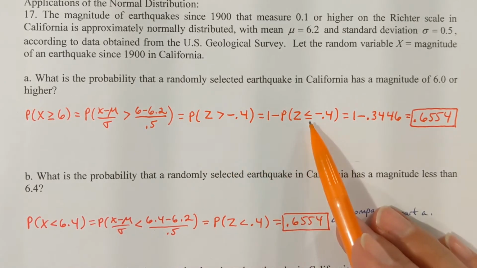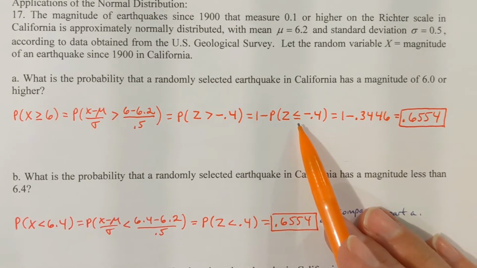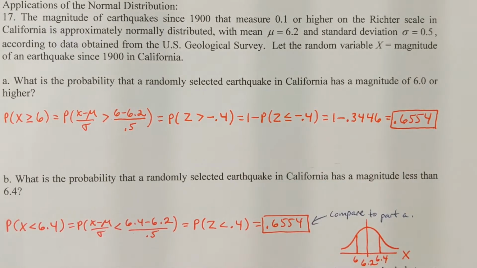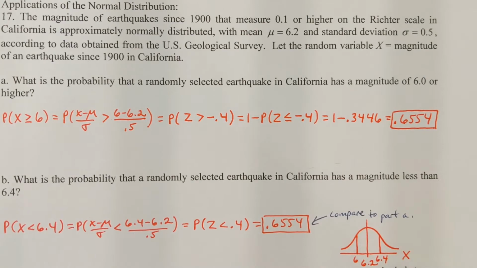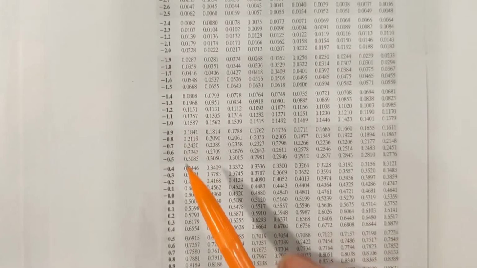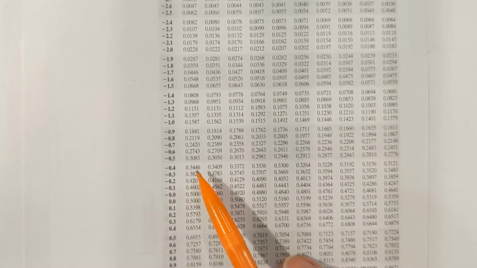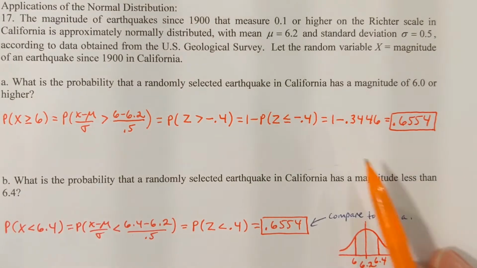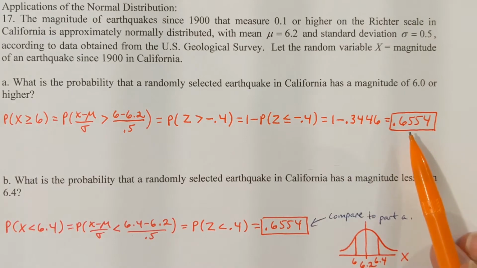Still make sure that you switch the sign, though, because you're referring to area to the left now. If you go to the table and look up that area to the left of negative 0.40, it is 0.3446. Subtract that number from 1 and you get 0.6554 as the answer.